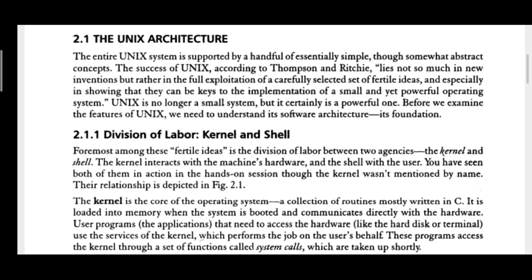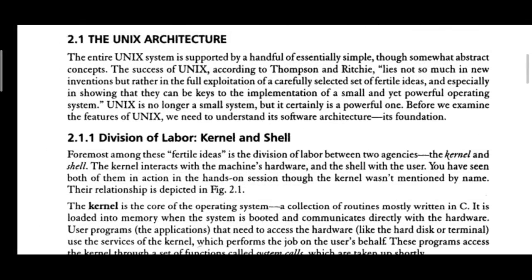Based on the availability of the hardware, you can install various softwares over it. That comes under custom softwares, that comes under the shell part. So the shell will interact with the user, but interaction with the operating system is done by the kernel.